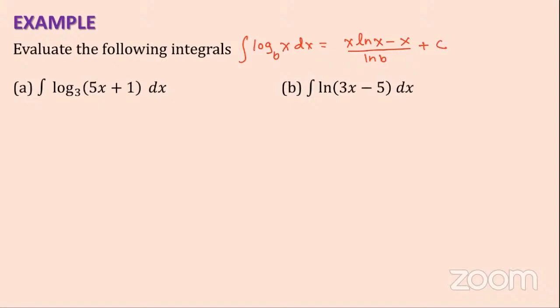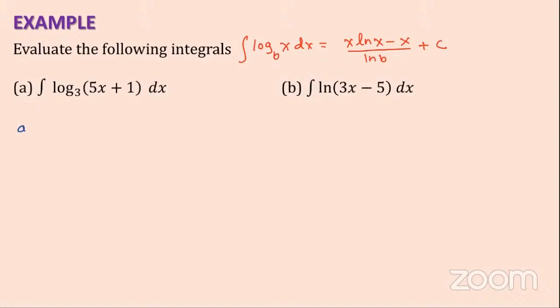Remember, this is the formula because we have x here. Look at the board. We have x here, right? If this is something other than x, if that is a linear function like 5x plus 1 or 3x minus 5, we have to divide by the derivative. So remember that one, and then let's do it.